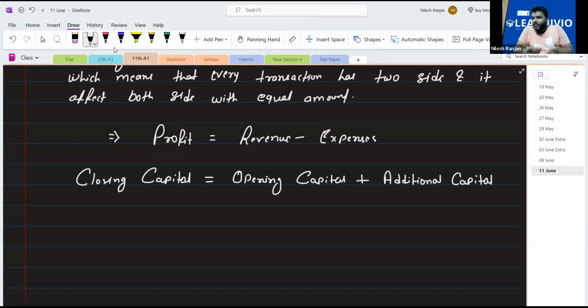Capital which we have at the end of the year is closing capital. During the year there may be some changes in capital. So this is for every year, right? Yes. One year's closing capital becomes the next year's opening capital.